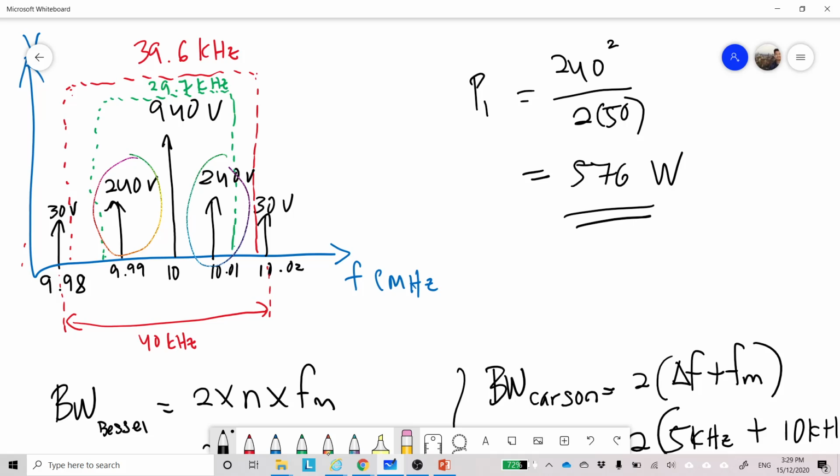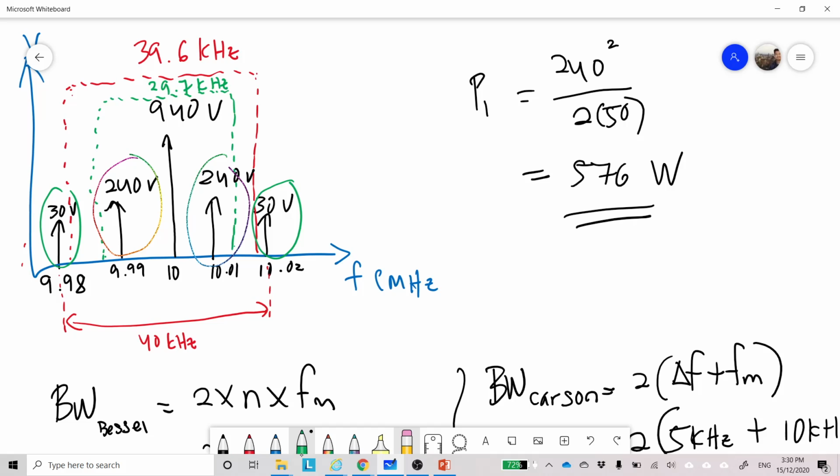Within the 40K of bandwidth, the smallest sideband will be the second sideband, which is the 30 volt. Okay, kalau kita mengira keseluruhan bandwidth sebanyak 40K ni, maka the smallest sideband adalah sideband yang kedua.